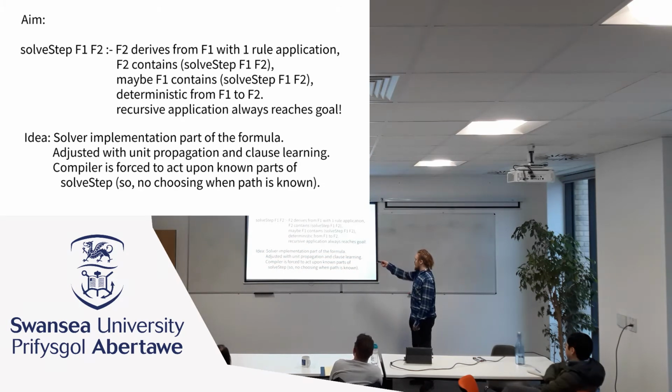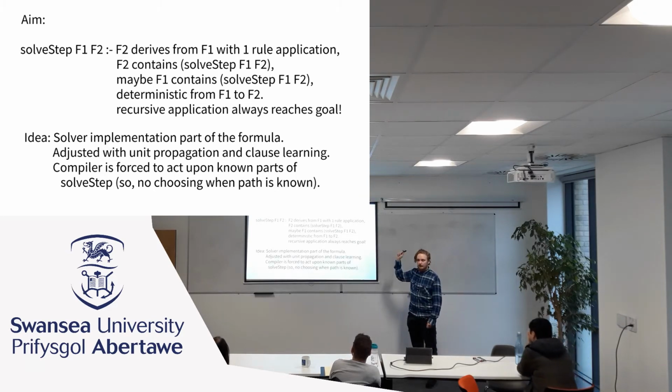And we see it in a second. And we have to make sure that when we use this as an actual solving function, where we go from F1 to F2 repeatedly, then from F2 to F3 and so on, we still stay complete, meaning that if there is some goal, we eventually reach it with a step function.